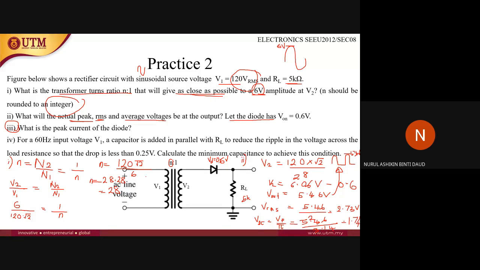Sensei, is VRMS divided by square root 2, or divided by 2? Divide square root 2. Oh yes, it's supposed to be divided by square root 2. Wait, I check first.